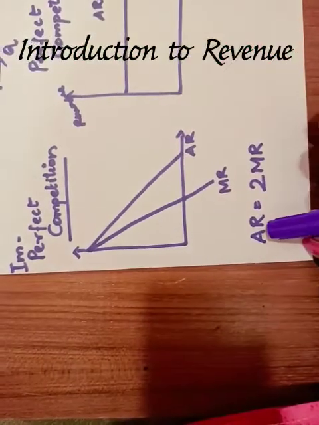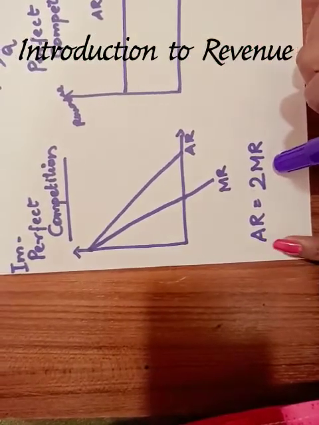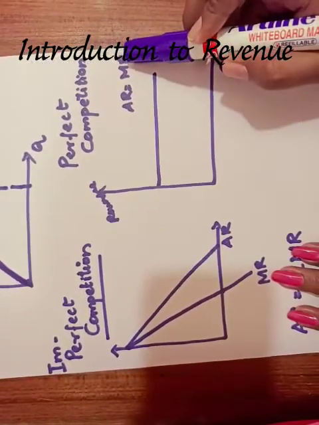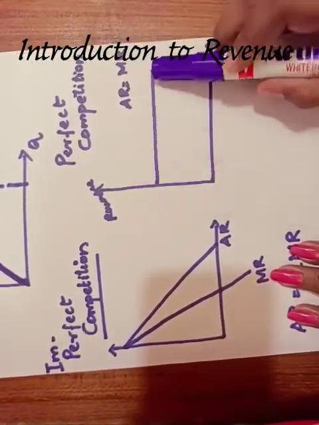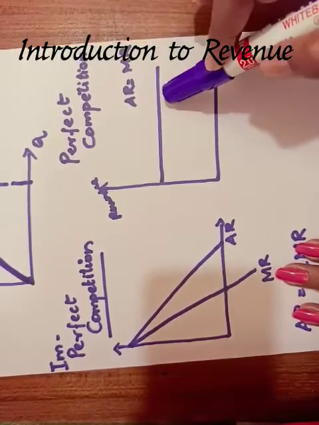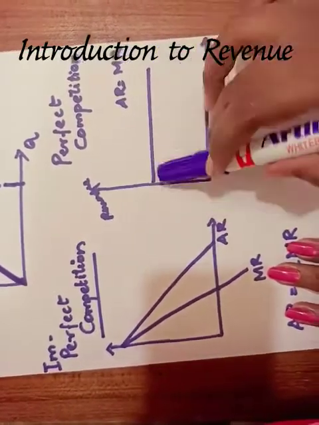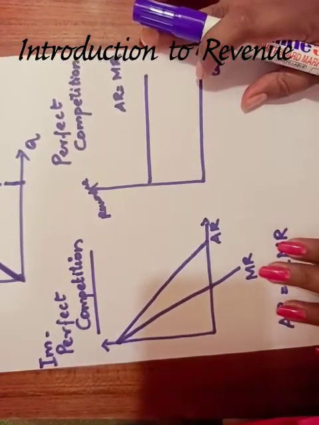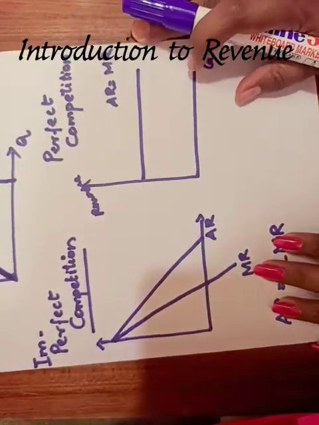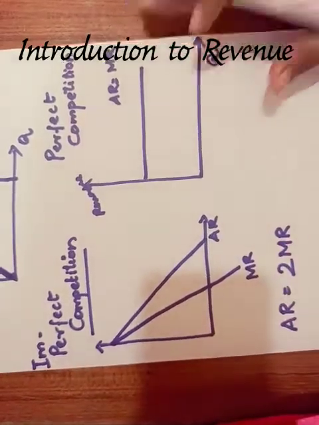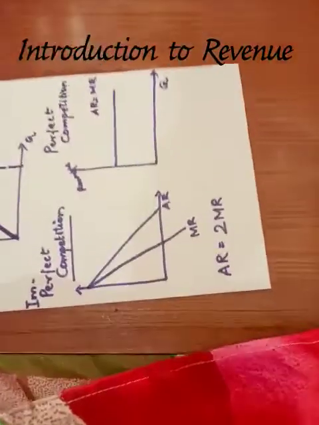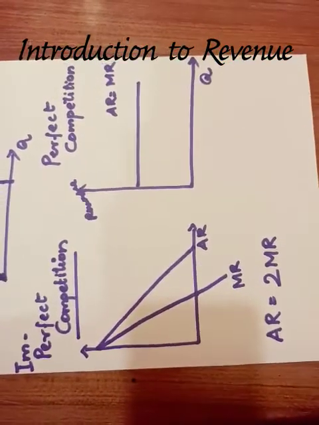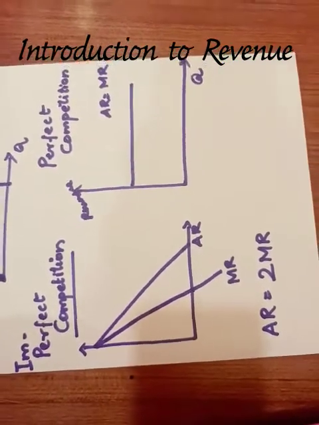For perfect competition, AR is equal to MR. This is the curve which gives you AR, MR, price, demand, all equal. You will study that in detail in the next chapter, on the market and forms of market.